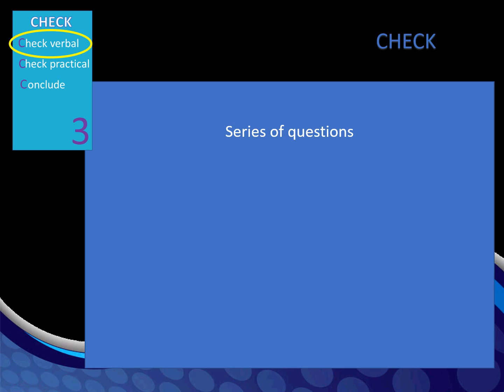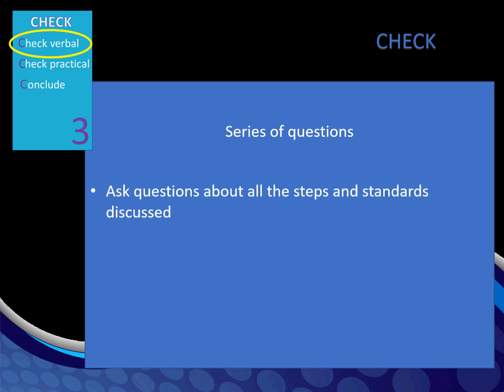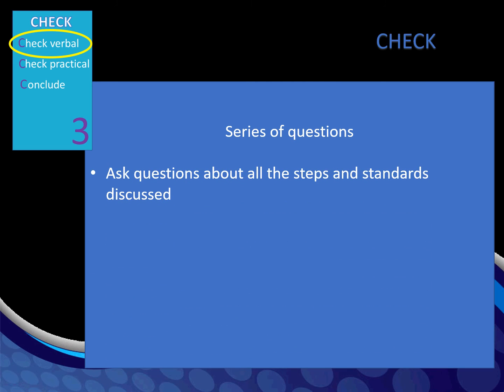So verbally, you are going to test the person's knowledge by asking a series of questions. You're going to ask questions about all of the steps and all of the standards. Now, if we just go back to your previous slide, as we said, stage 1, there's 9 steps.